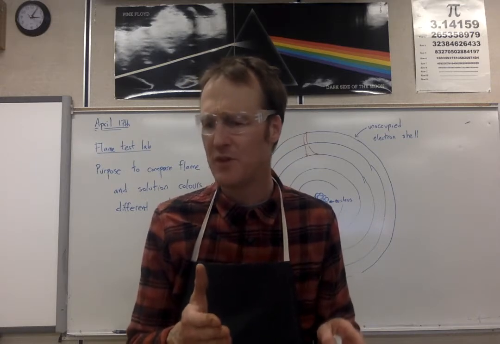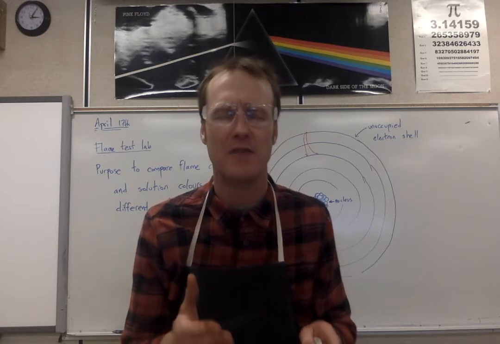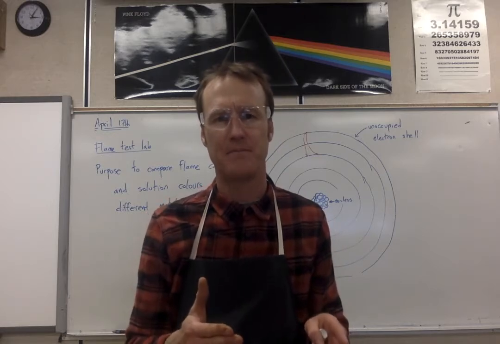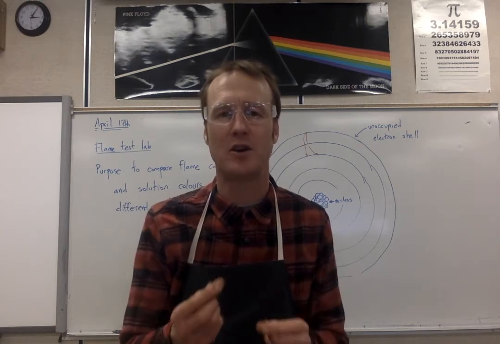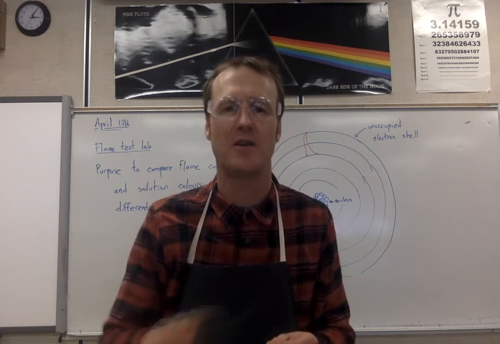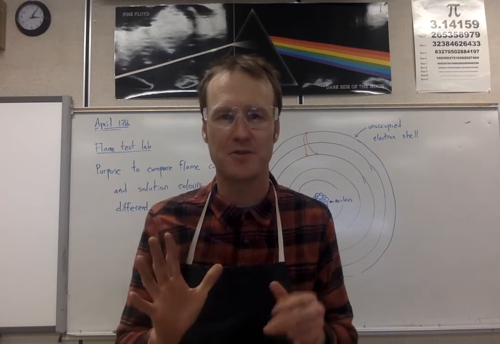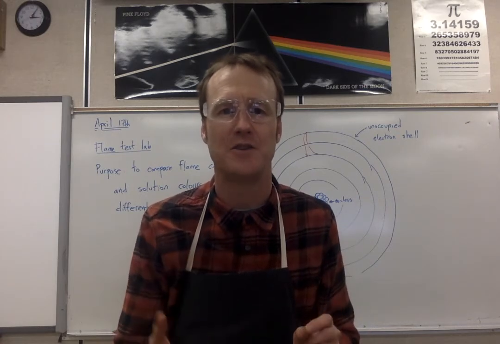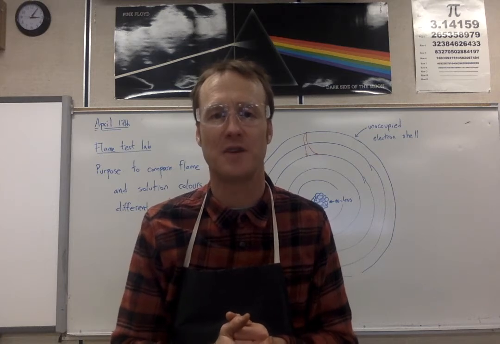Now, you might think to yourself, well, could it just be the nonmetal part that's responsible for the color of the flame? Maybe. We're going to look at that, because I'm going to look at 2 salts of each of these ionic compounds. Not just 1, but 2. So I've got 8 metals, 2 salts of each. You're actually going to have 16 results for this.